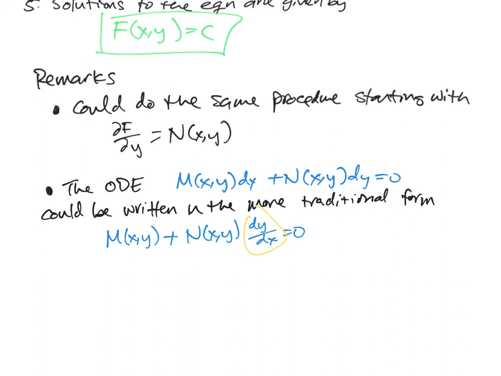So you have the derivative times something with x and y plus something without a derivative term in it. And just like we saw in the example before, you can shuffle this around to put it into the differential form. So if you were given something in this form, you can still shuffle it around, and all those previous results about exactness are going to hold for this equation too. So that tells you how to figure out if this equation is exact, and if you can use the methods from this section to find a solution.